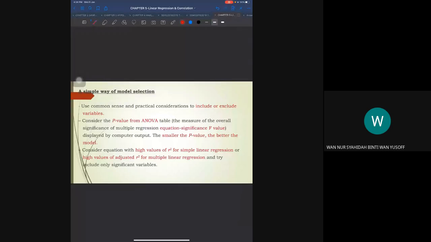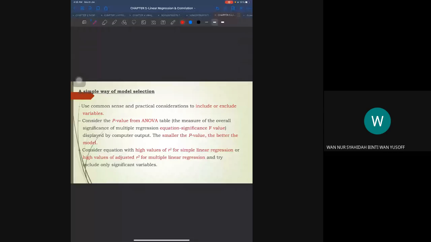As what we discussed just now, the first characteristic is a significant p-value.